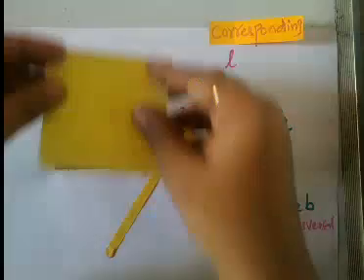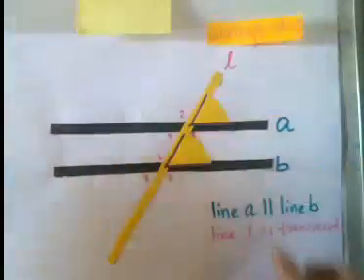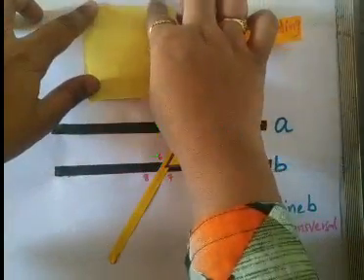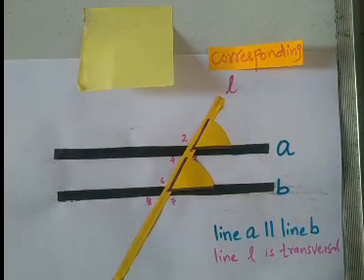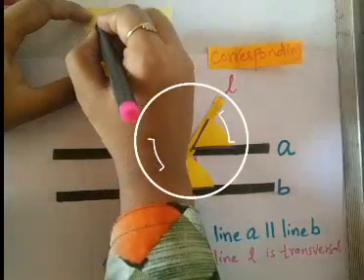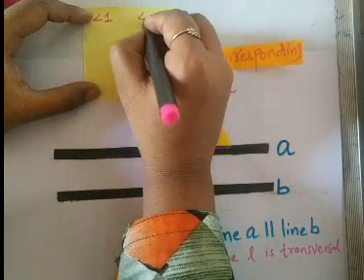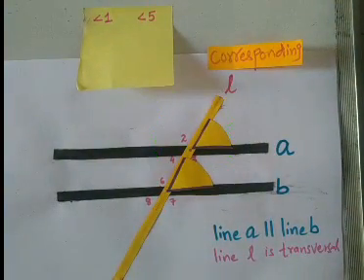So angle number 1 and angle number 5 are corresponding to each other.